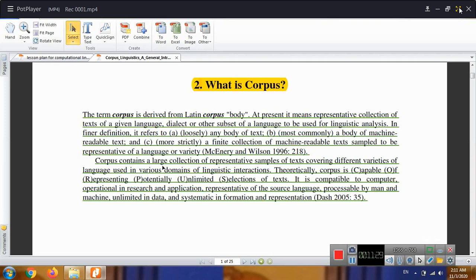In this paragraph, we read about the two definitions for corpus. Corpus contains a large collection of representative samples of text covering different varieties of language used in various domains of linguistic interaction. This definition is very good.